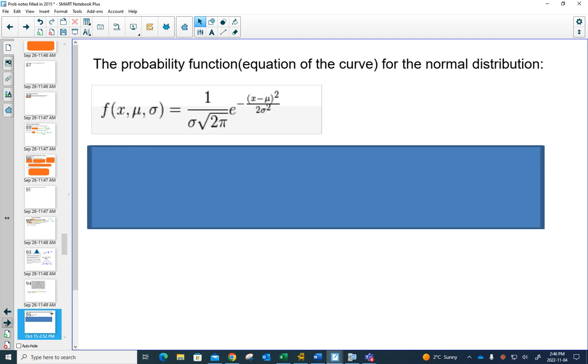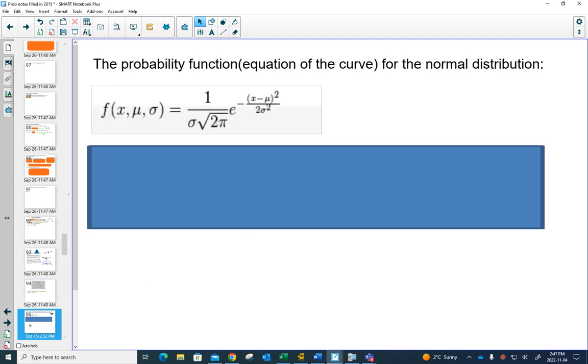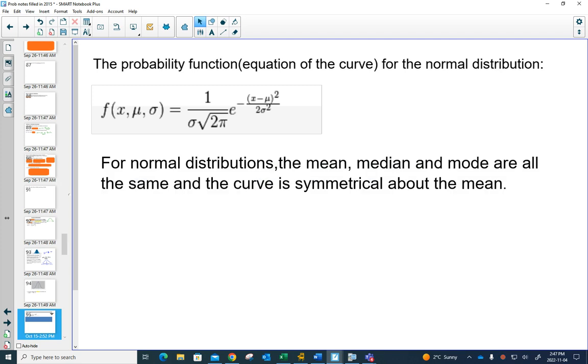It's just interesting that if you wanted to graph this bell curve, it is determined by its mean, its standard deviation, and what value you put in for x. This is the formula for it. Isn't that a wonderful looking formula? Do you need to know? No. It's just interesting.